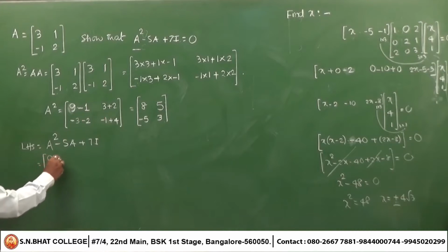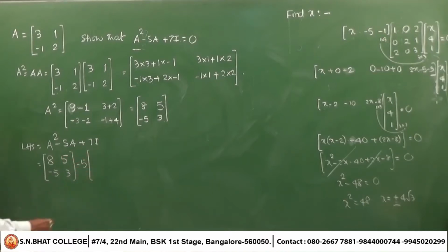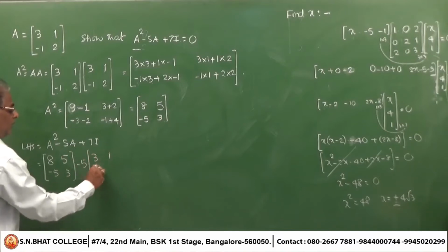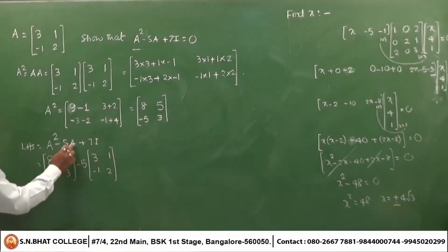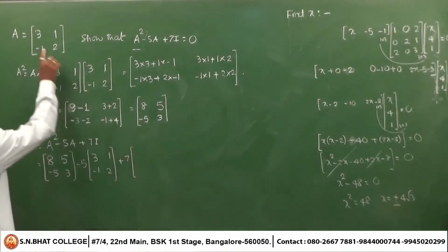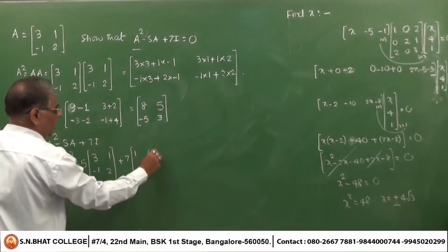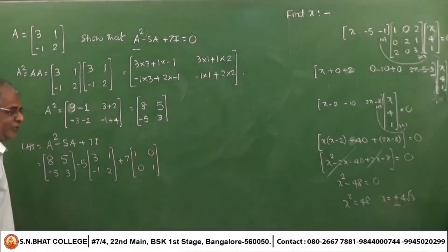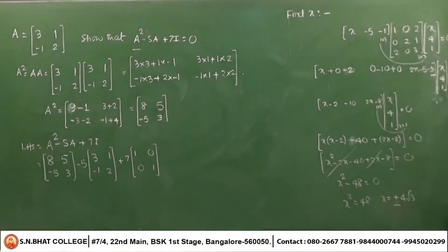Replace A square by 8, 5, minus 5, 3, minus 5 into A, which is 3, 1, minus 1, 2, plus 7 into I, which is a 2 cross 2 matrix. After simplifying, you should get a 0 matrix in which all the elements are 0.